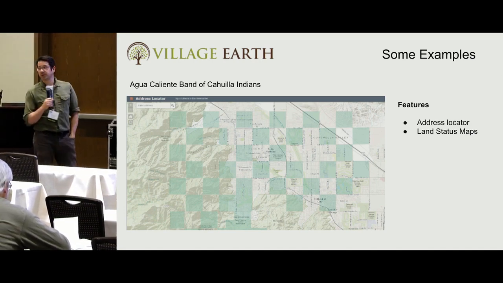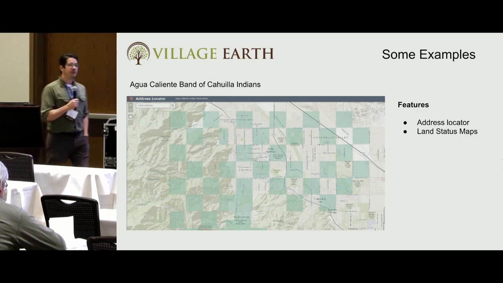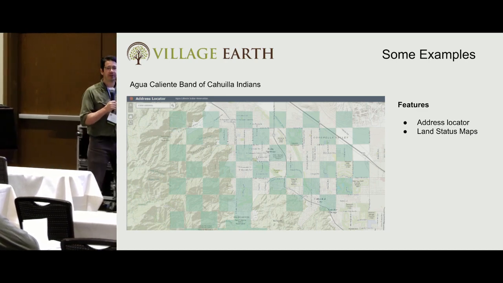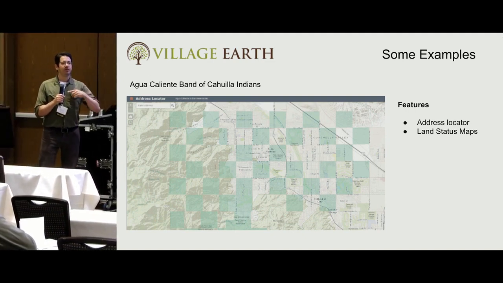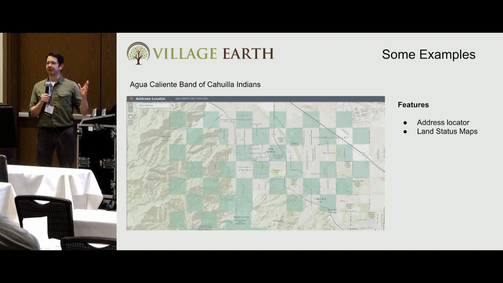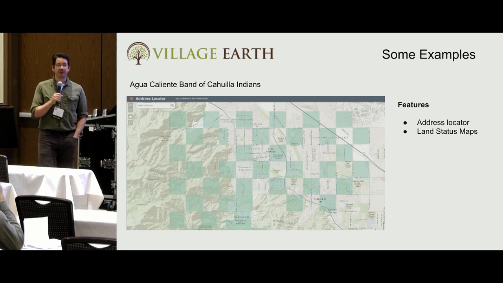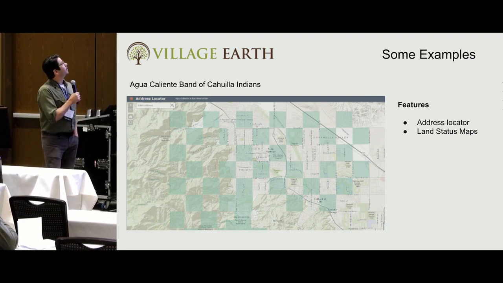Before this workshop, I did a search to see what tribes are using land information systems. Just a brief poll in here: how many of you have developed a land information system, or how many tribes out there have one? Awesome. So they are being used, and with more frequency for sure.